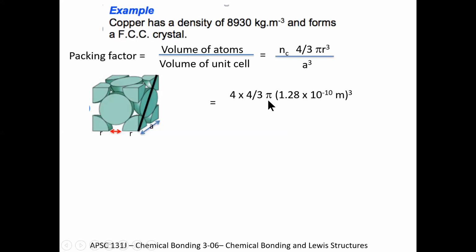So we multiply the 4/3 pi r cubed, using the radius of the atoms we calculated, by 4, and we divide by the dimension A cubed, and we get a value of 0.740. Again, this is unitless because the units cancel. And that is the packing factor, the most efficient way to pack atoms in a crystal, or packing anything really.